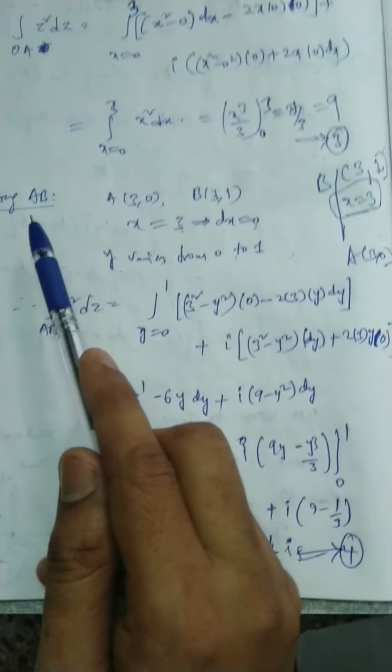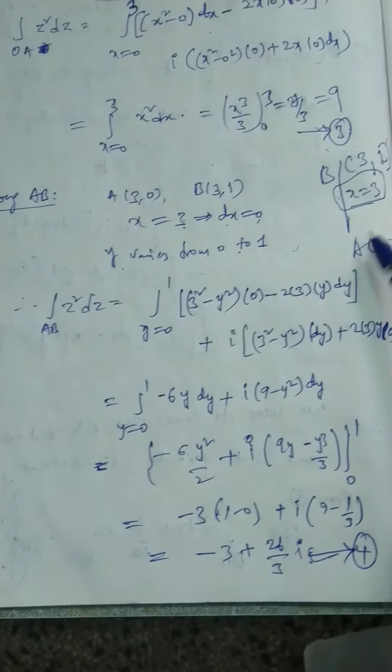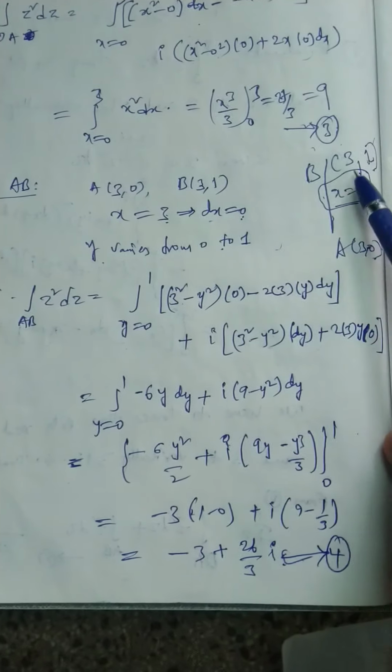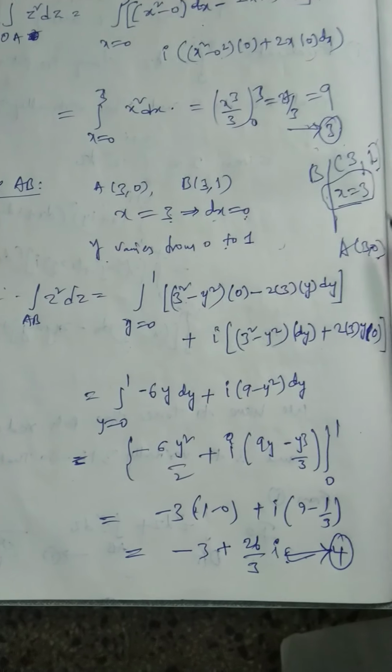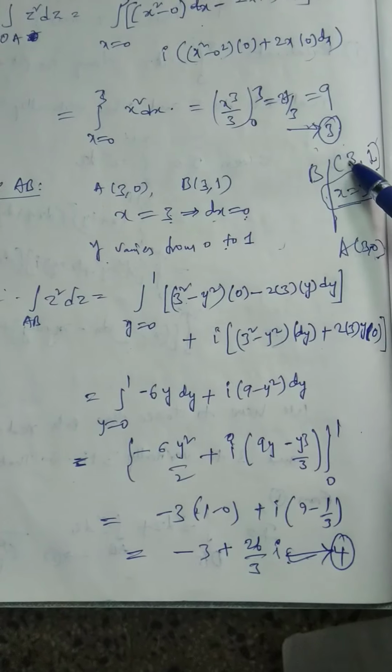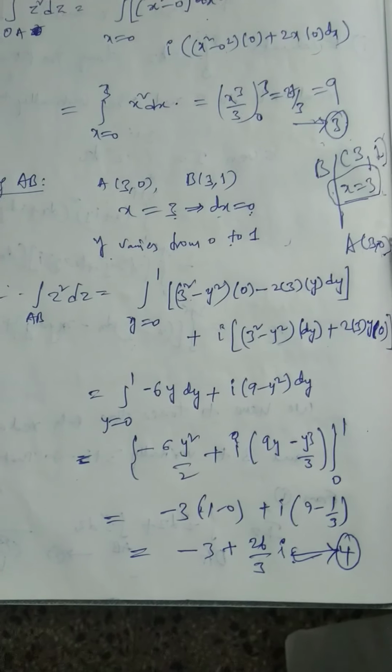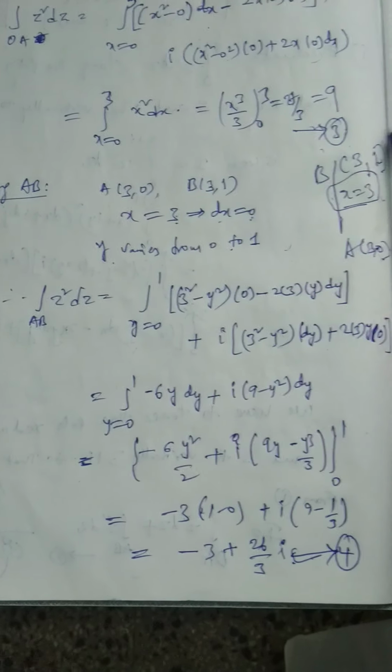Now along AB, which is the vertical line from A, 3 comma 0, to B, 3 comma 1. Along this line you can observe that the x coordinate is 3 here and also 3 here. So x equal to 3 is fixed, and the value of y here is 0, here it is 1.